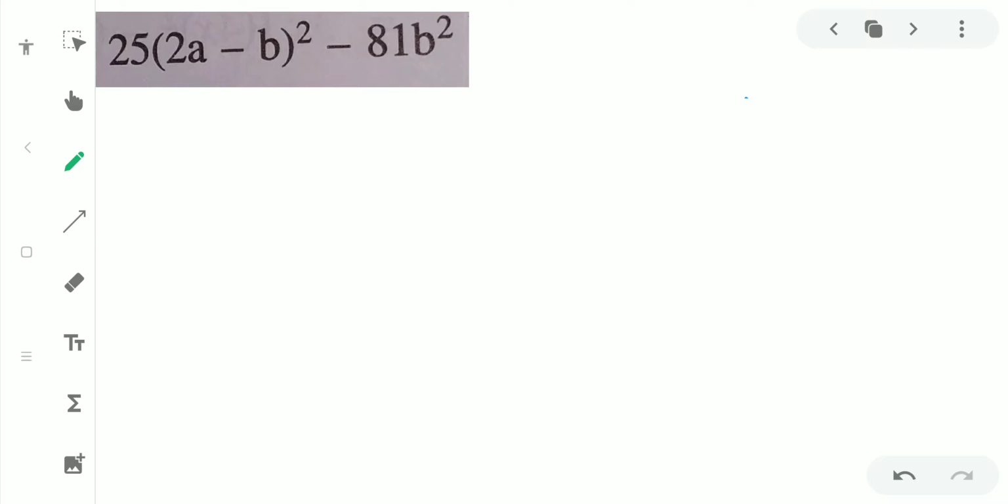So 25 I can also write as 5 square, and 81 I can also write as 9 square. So now we'll be substituting 81 and 25 as 5 square and 9 square, and we'll try to solve it.